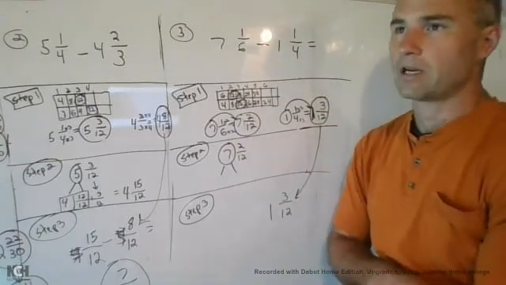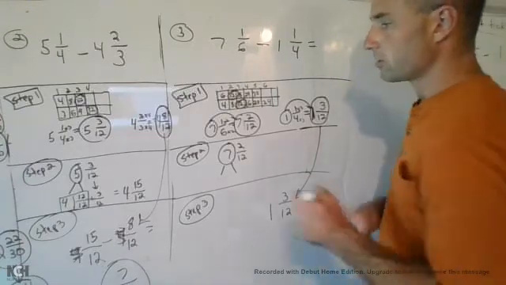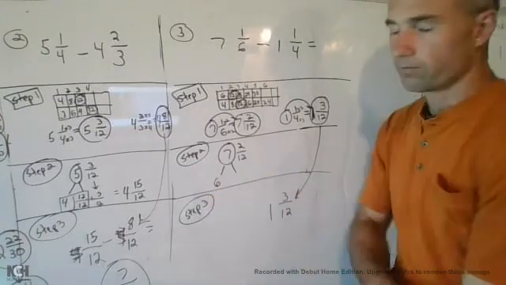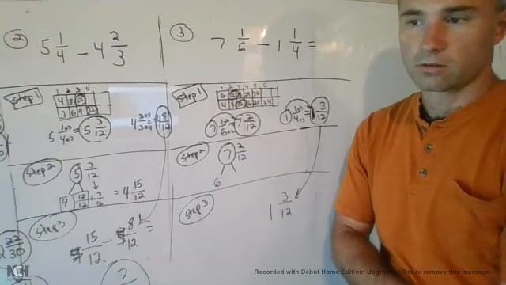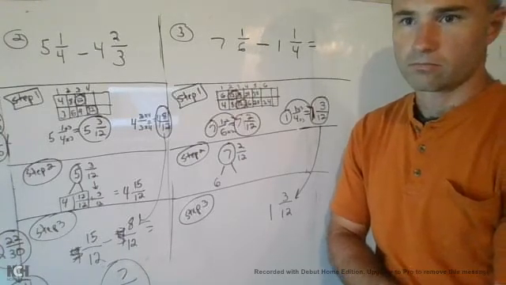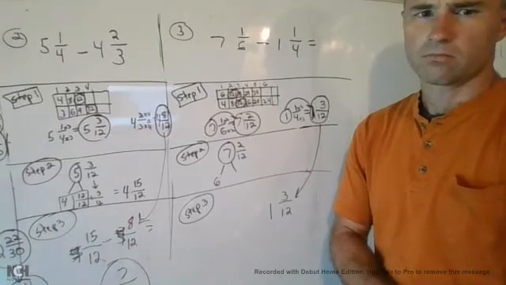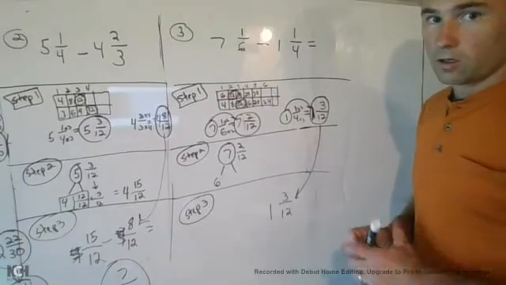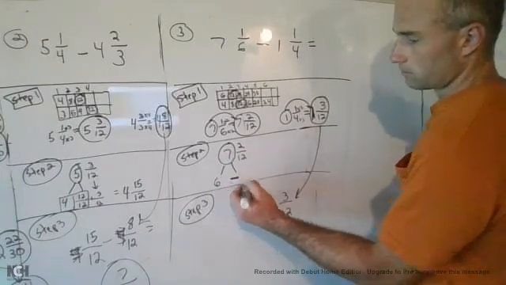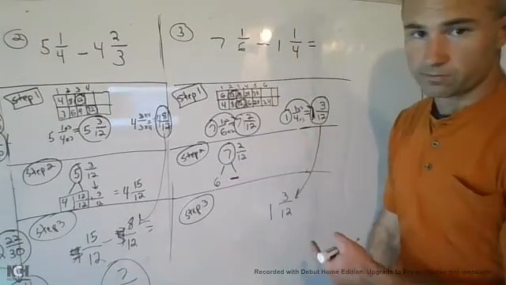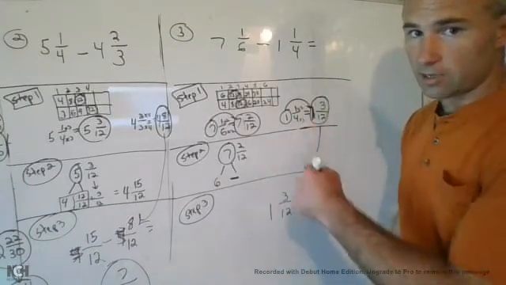What's my denominator going to be in doing that? Well, first off, 6 will be my whole number. What's my denominator going to be? So I need to break up the 7 to 6 and something so I can add it to the 2/12. Then I can take away the 3.